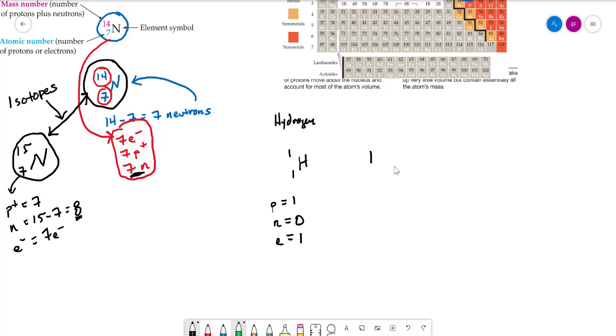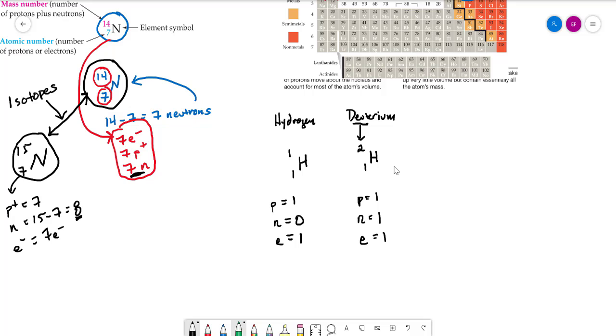We can also have hydrogen, which again has to have 1 proton, but could have a mass number of 2. In that case, protons are 1, neutrons are going to be mass number 2 minus 1, which gives us 1 neutron now. Electrons will still be 1. We call this deuterium, the "deu" part coming from the mass number of 2.